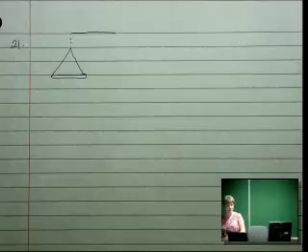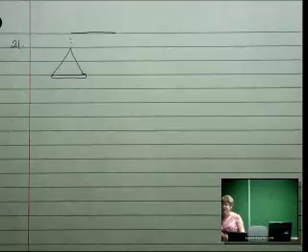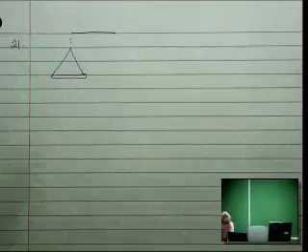So what symbol will we assign to the rate at which the volume is changing? dV over dt. Let V stand for volume, and the change in volume with respect to time is 10 cubic feet per minute.